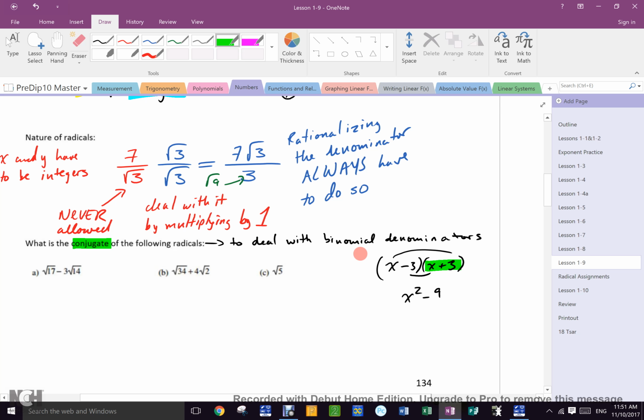So if I were to square this, I would have to do root 17 minus 3 root 14, right? So 17 times 17. Oh, cool. That's 17. No problem. What's that? That's negative 3 root 17 times 14. Yes?